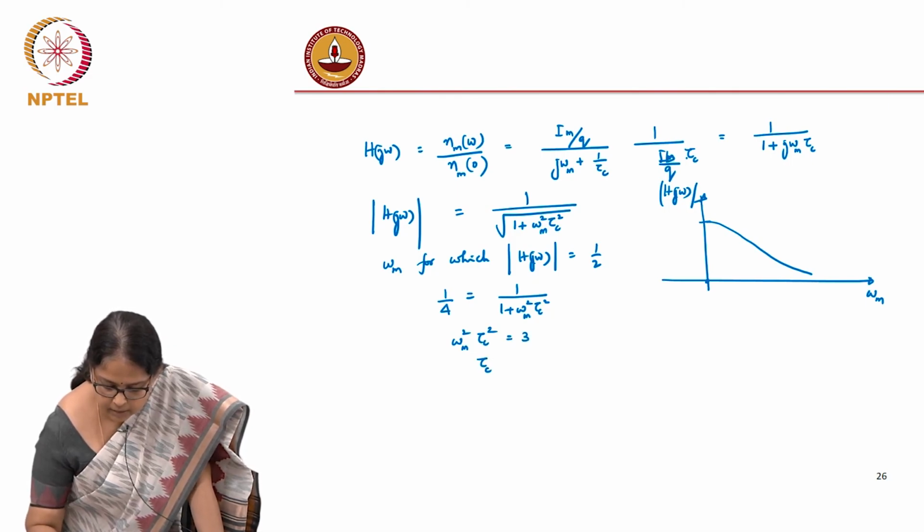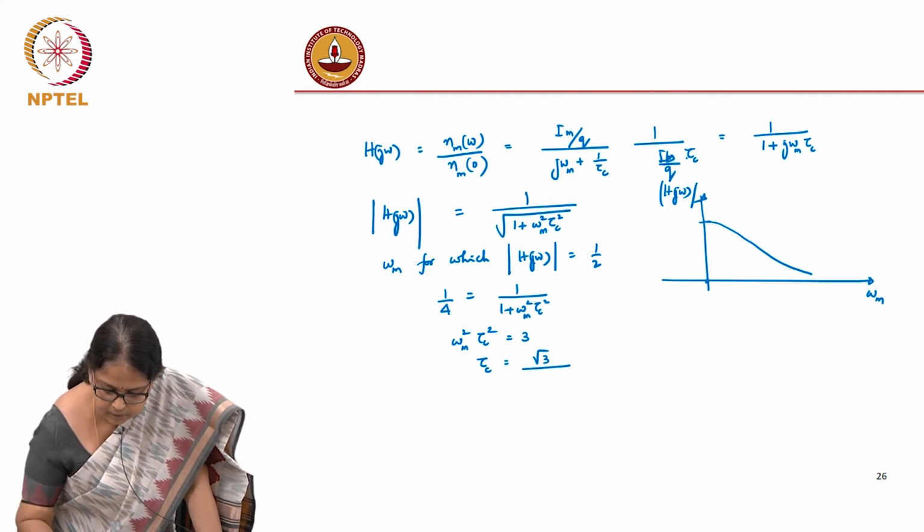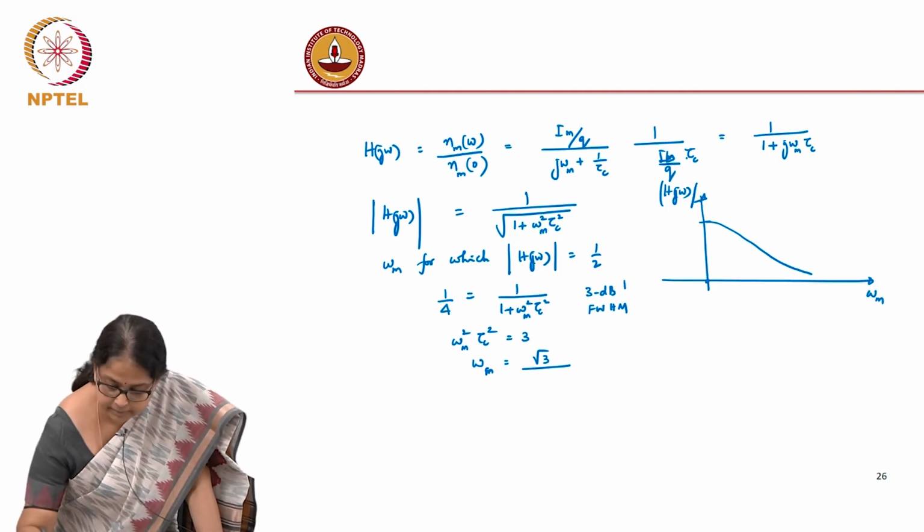So, that gives you omega m, this corresponds to the 3 dB bandwidth or full width at half maximum, right.